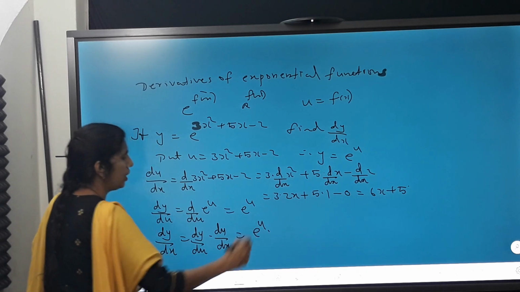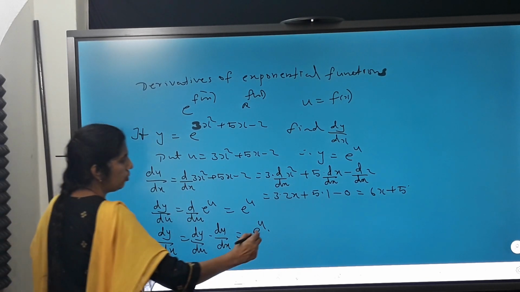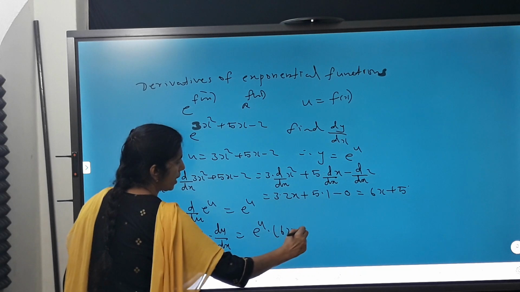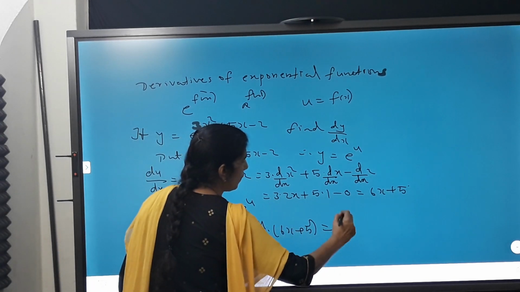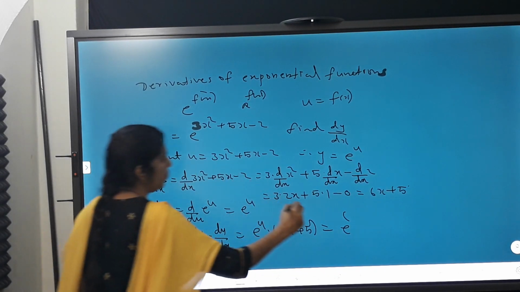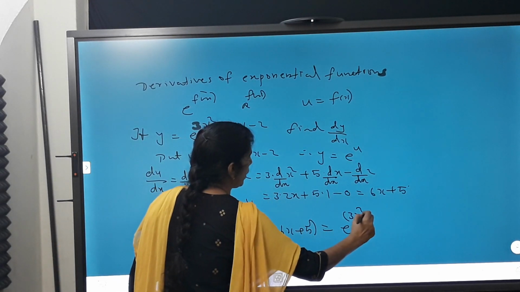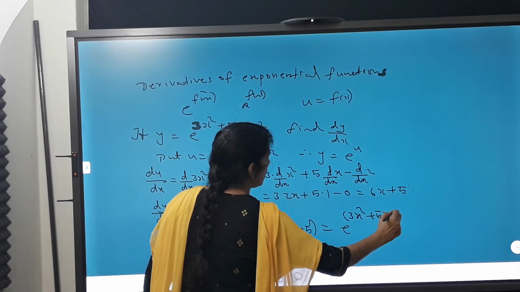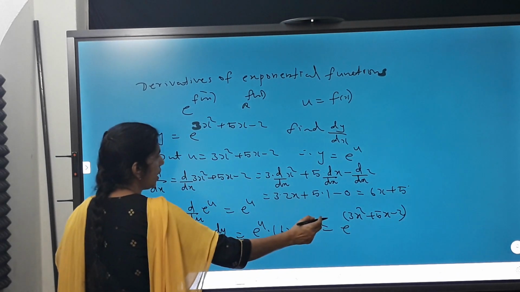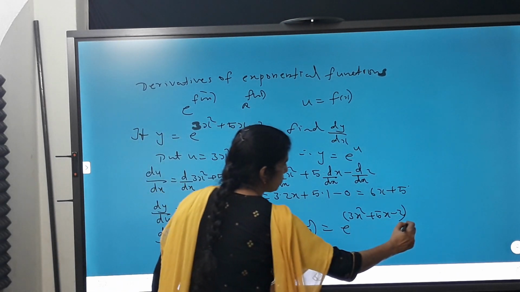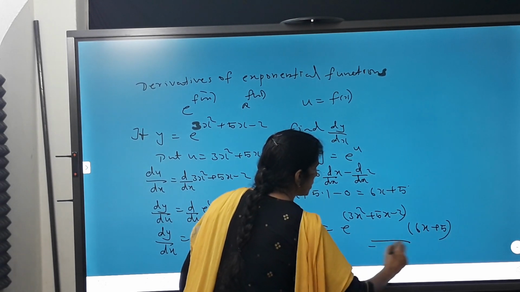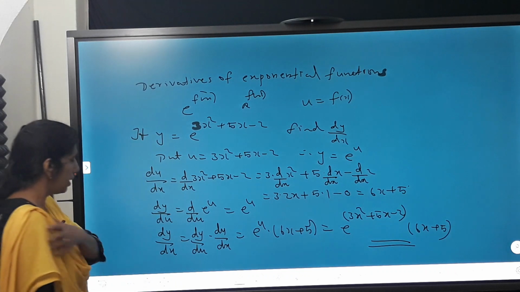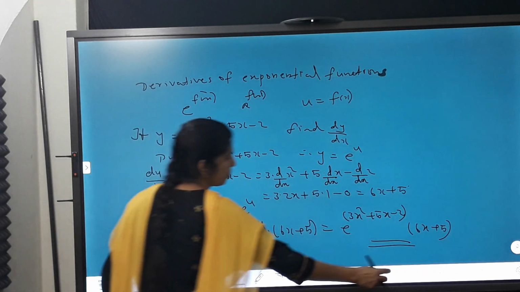That is e raised to u into 6x plus 5. Finally, substitute the value of u. Our u is 3x square plus 5x minus 2. So it is e raised to 3x square plus 5x minus 2 into 6x plus 5. That is our dy by dx.